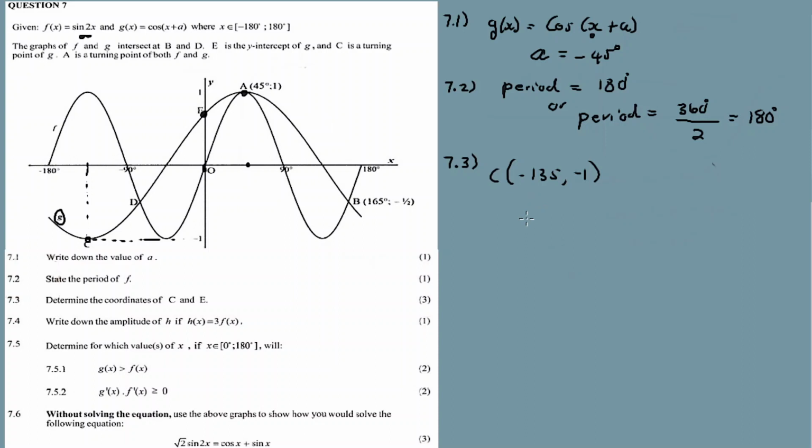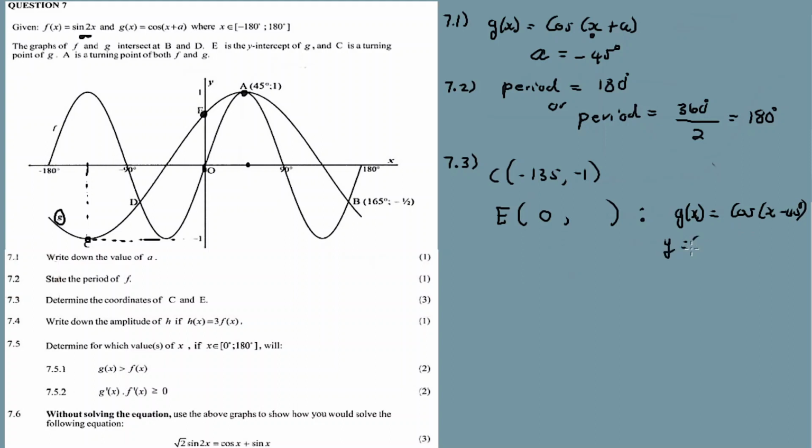Then for our coordinates of E, the y-intercept, of course, x will be 0. Then we look for y. That's when we use the equation of g. So g of x equals, we want y, it's cos of x minus 45 degrees.